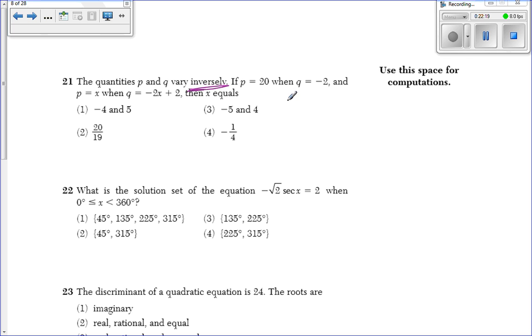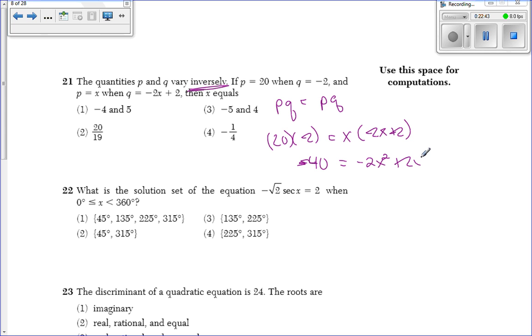Well, remember it's going to be P times Q equals P times Q. So 20 times negative 2 equals x times negative 2x plus 2. So I have negative 40 equals negative 2x squared plus 2x.